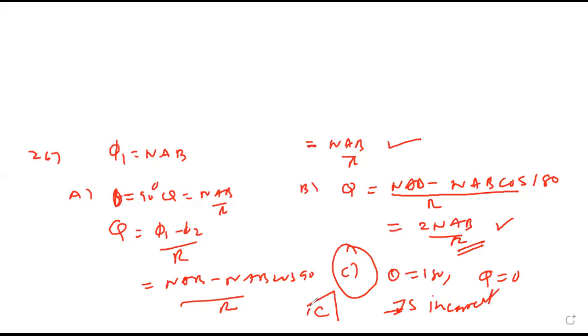C. Why is C incorrect? Because above that, B was the same option with 2NAB upon R correct.